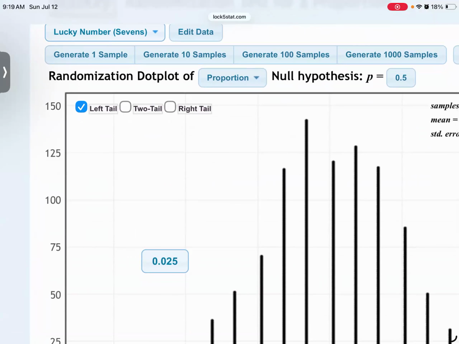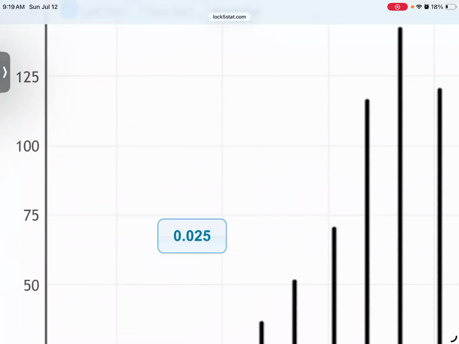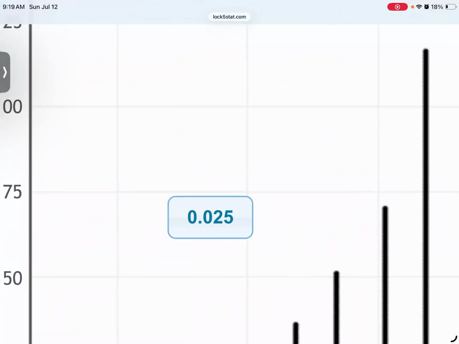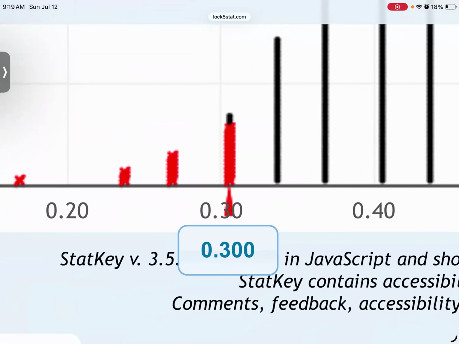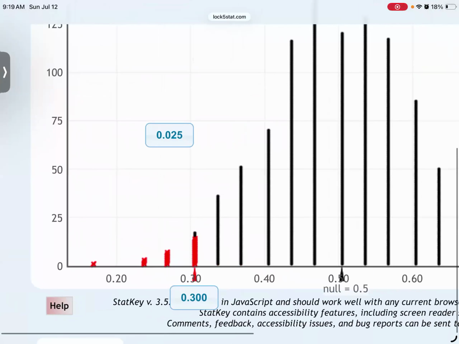And look right there, I'm not scrolling all the way down, but you can see that the default p-value of 0.025 shows up, but that's not accurate, because if you look down at the bottom of my screen, you can see that it's counting the number of dots for 0.230.